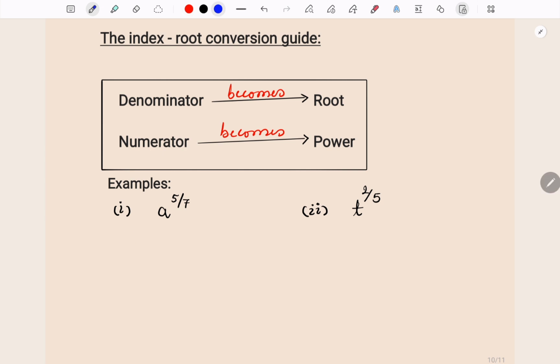Now, let's take a few examples. We have a raised to the power of 5 over 7 and we need to convert it into the root form. To convert it to the root form, we need to look at the numerator and the denominator. We know that the denominator becomes the root. So let me make the denominator the root, that is 7, and then the numerator 5 will become the power.